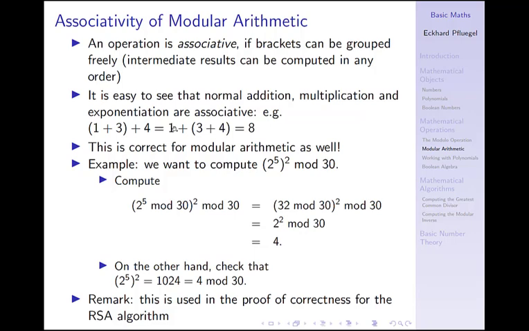And that's sometimes very useful because you can save a lot of work when you want to compute a complicated modular exponentiation task such as 2 to the power 5 and the whole thing squared mod 30. The frustrating thing is this number itself is quite big, but if you reduce it mod 30, then it will definitely be quite small.